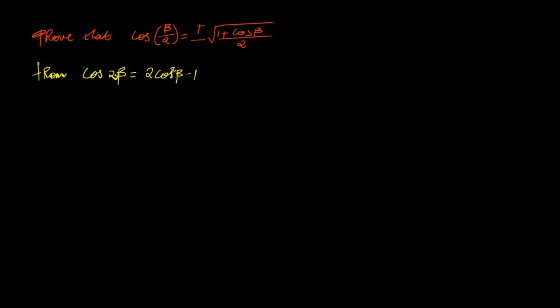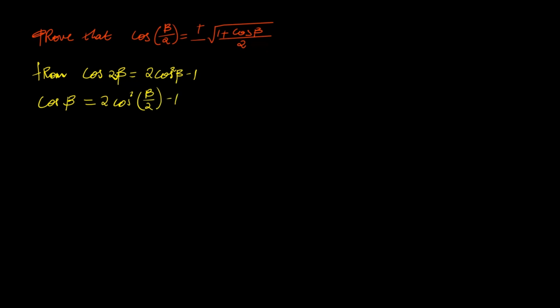This cos 2 beta will now become cos beta. If we halve the angles, we'll have cos beta on the left hand side. Then on the right hand side, we halve the angle. We are going to have 2 cos squared, and we'll no longer have beta, but beta divided by 2, minus 1.